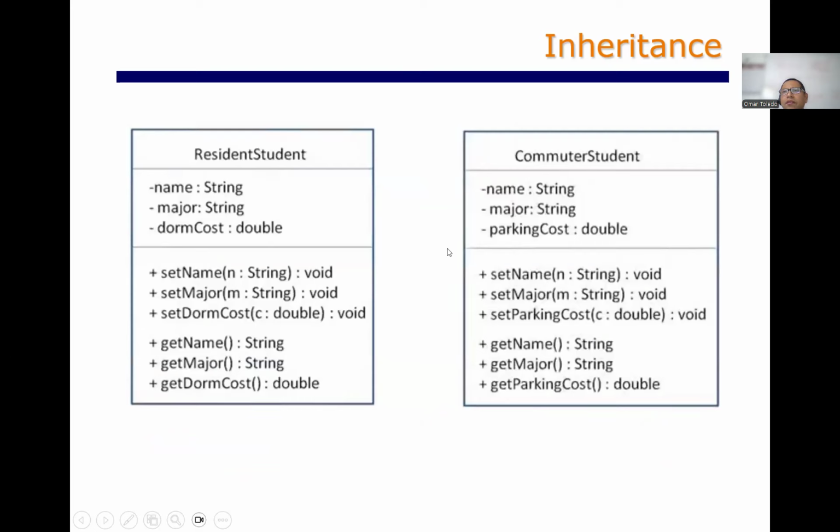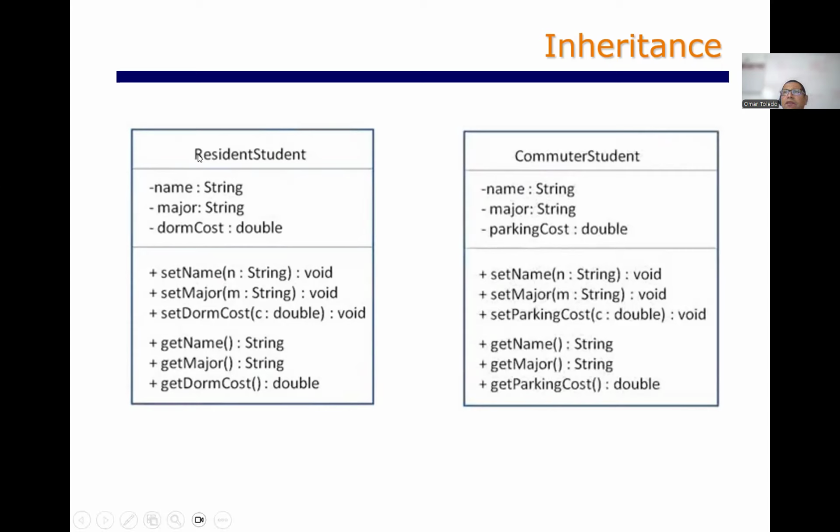Okay. See this example. This is UML. Okay. A general UML diagram. It doesn't follow exactly the Python UML diagram that we were covering, but it's going to help us to understand the importance of inheritance.